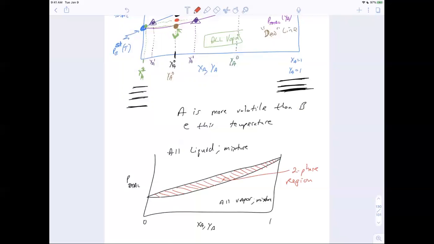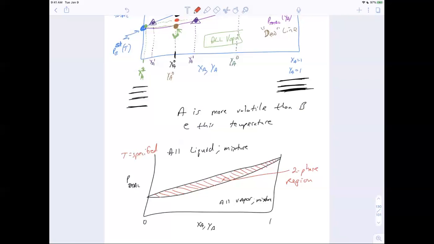And so if you have any combination of pressure and composition at this temperature, any point that resides in this area that has the red slanted lines is going to have two phases in coexistence equilibrium. All right, any questions or comments?